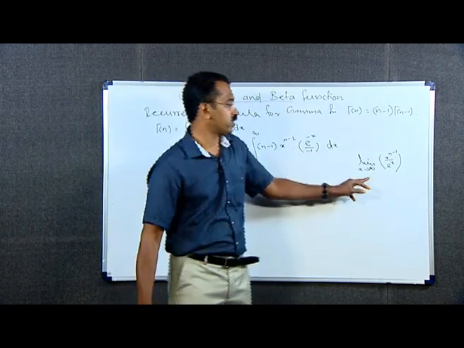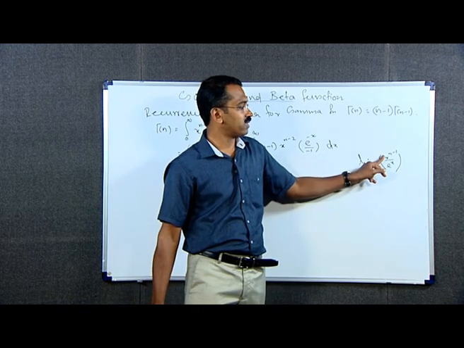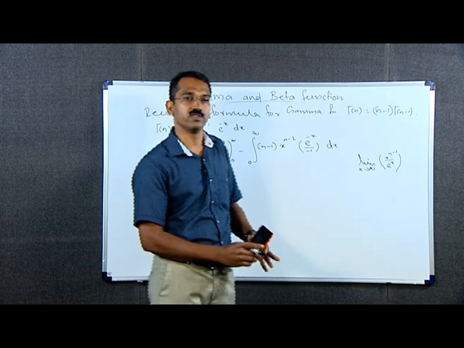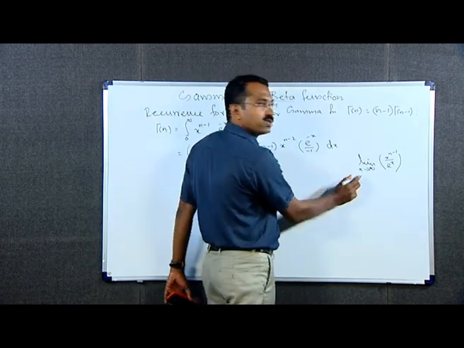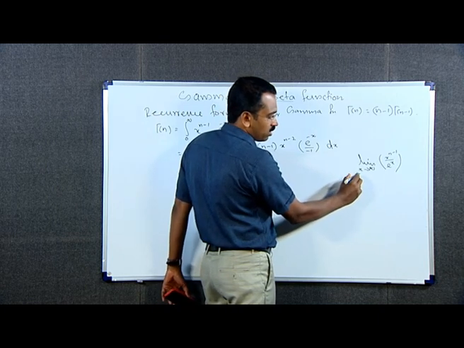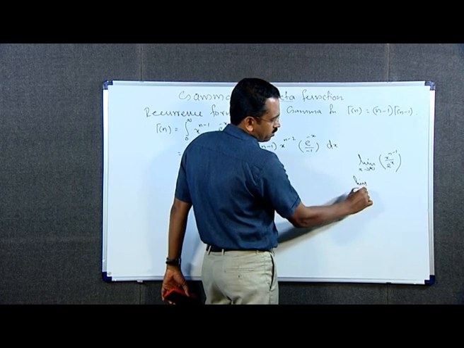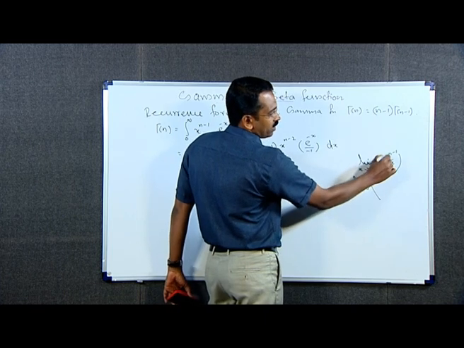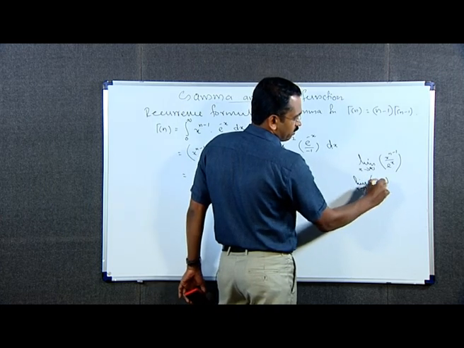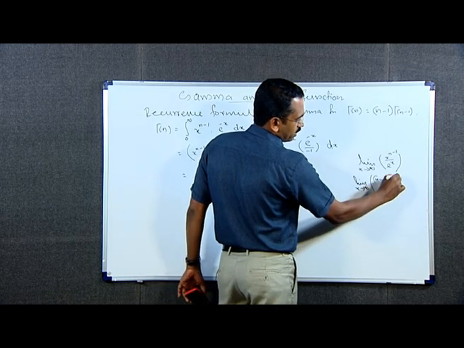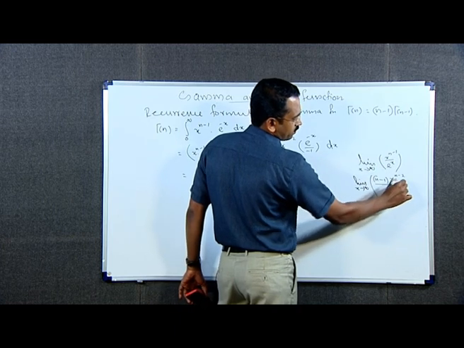If we apply the limit as x tends to infinity, we will get an infinity by infinity form, which is indeterminate. Now, by using L'Hospital rule, we differentiate both numerator and denominator. We get n minus 1 into x raised to n minus 2 divided by e raised to x.